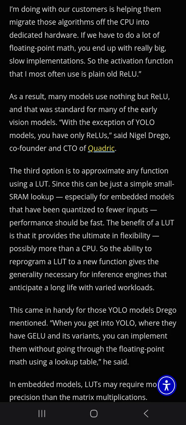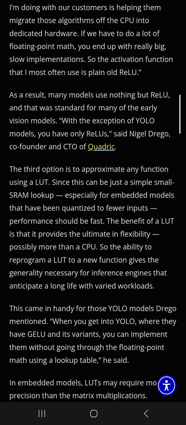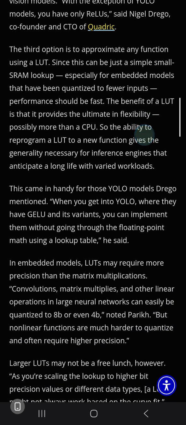The third option is the approximated activation function using a LUT. Since this can be just a simple small lookup, especially for embedded models that have been quantized to integer input, performance should be fast. The benefit of the LUT is that it provides the ultimate flexibility, possibly more than a CPU.